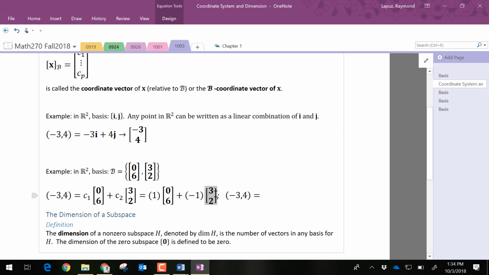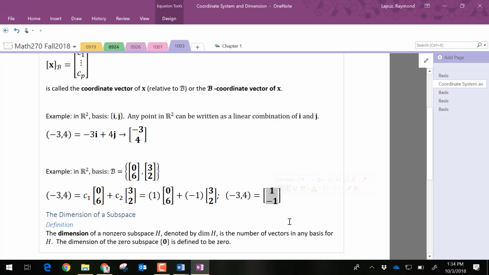So what they're saying is that I can represent this point or this vector as the weight of these things. See these coefficients? 1 and -1. So I can write it as a vector that's 1, -1.